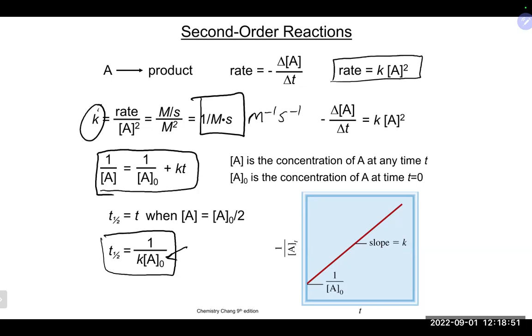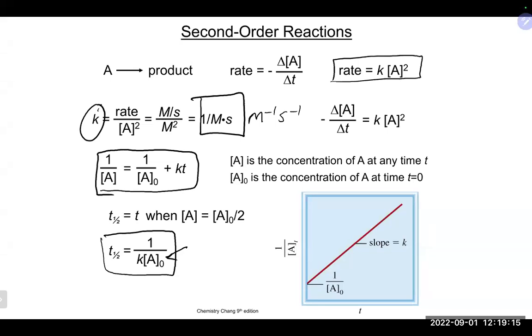It makes sense if you just logically think about it. If you have a large concentration, that means there's more of them there to start reacting, so it's going to react a little faster. And obviously, if we have a smaller concentration to begin with, we would see the half-life go up. So again, the initial concentration here is going to have an effect on the half-life of this particular type of reaction.